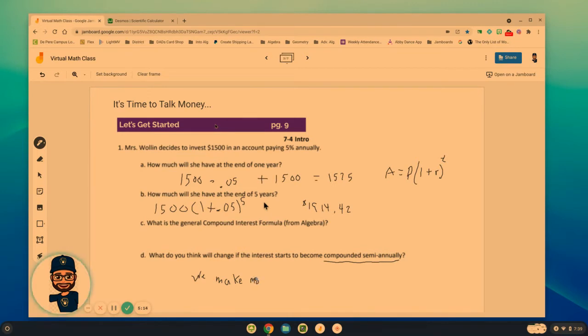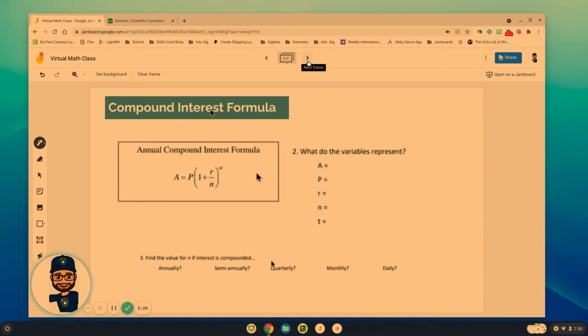And so anytime you have an opportunity for compound interest, take advantage of it because you're going to make more money. So here's a great formula. I would strongly suggest that you write it down because in algebra, we only worked on interest every year, and now we get what's called compound interest, where they do it more than just once per year.